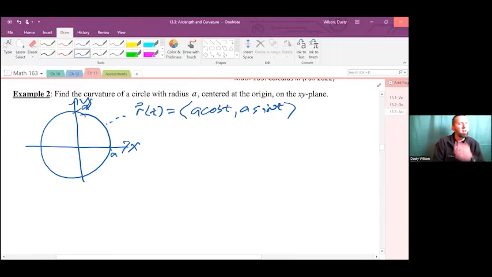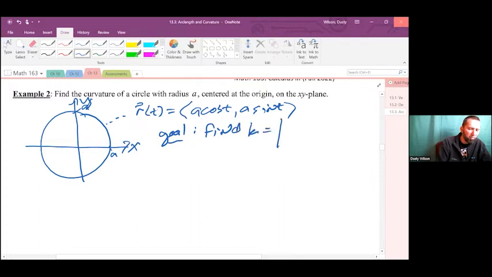We could add a comma 0 if we were so inclined, but it's actually not necessary for this particular derivation. So once we have r of t, our goal is to find the curvature kappa, which is the magnitude of T prime of t divided by the magnitude of r prime of t.